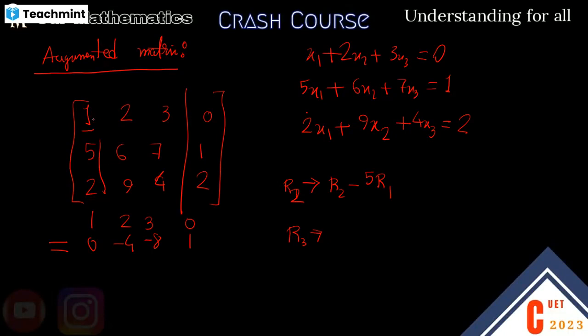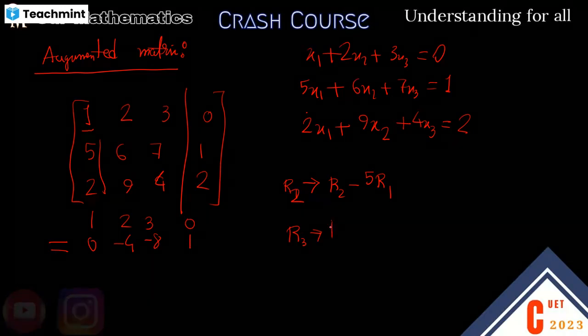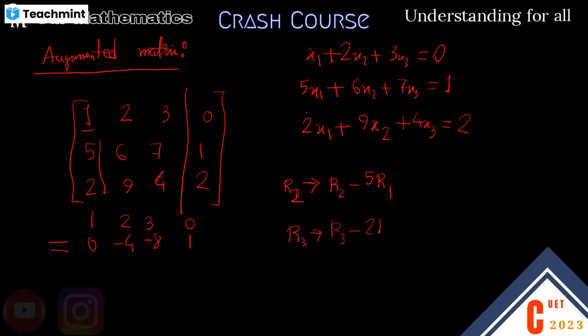First of all, we have to make the first element of the first row 1, then make all the elements below it 0. So R3 minus 2 of R1. We just try to make this element 0, what happens to the rest doesn't matter. So it will become 0, 9 minus 4 is 5, 4 minus 6 is minus 2, it will become 2.